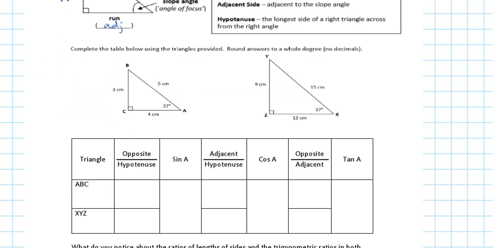Let's look at the measurements, and then let's name the triangles. First of all, what do I know about triangle ABC? What kind of triangle is this? Right angle, right?